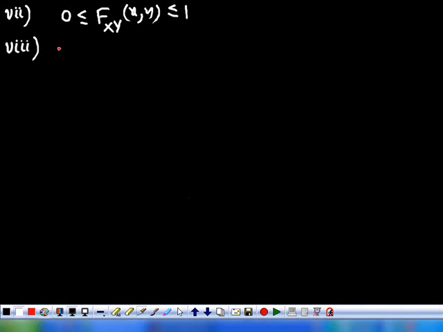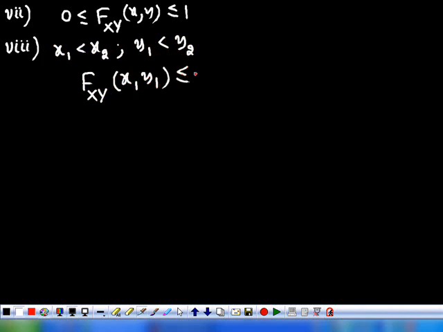That is, if you let x1 be less than x2 and y1 less than y2, then Fxy of x1, y1 should be less than or equivalent to Fxy of x2, y2.